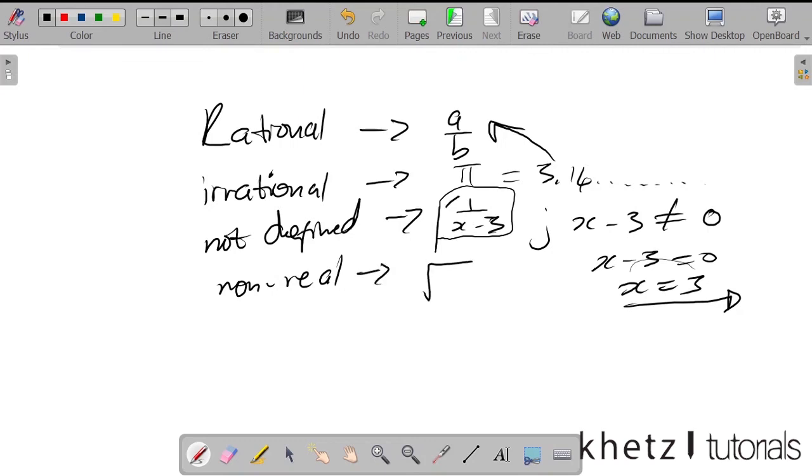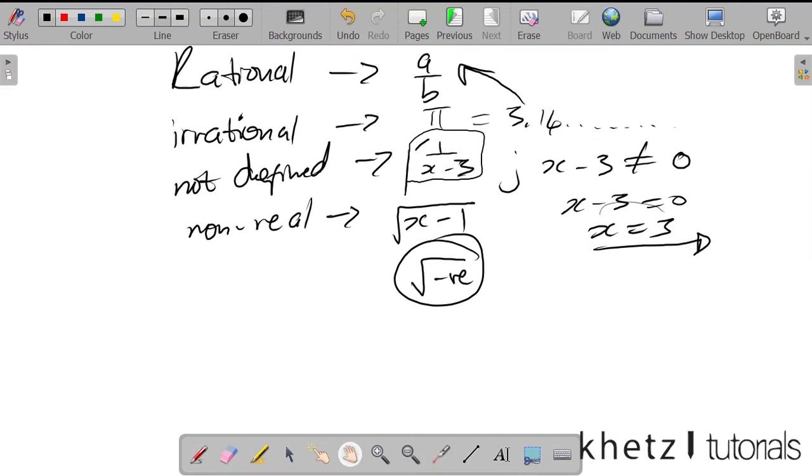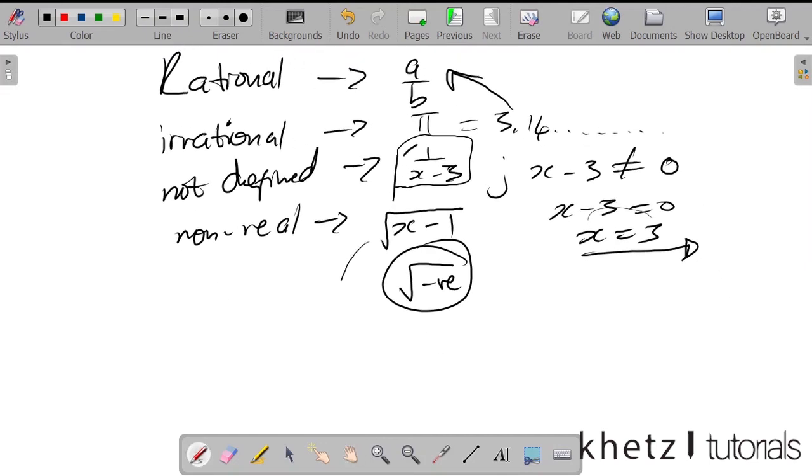Now, if you're asked to find where a certain equation is non-real, that would be when you have the square root of a negative, right? And that would be when x subtract 1 is less than 0.